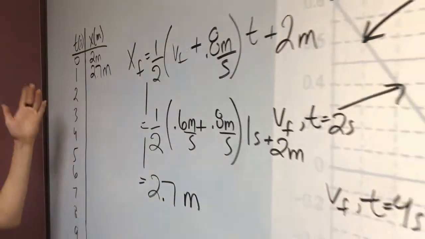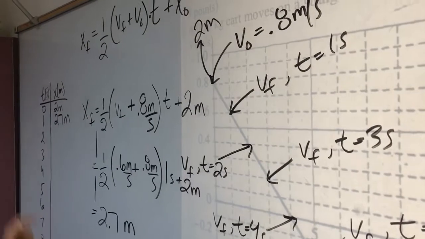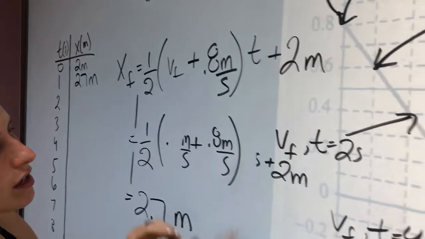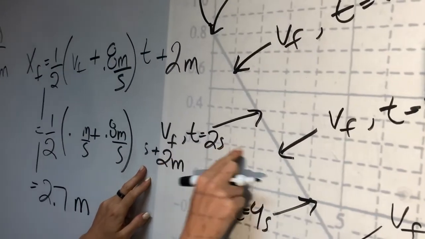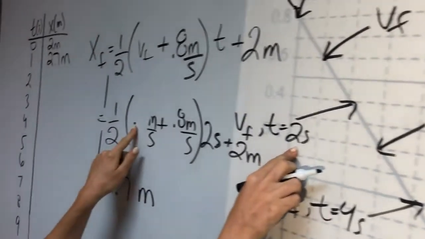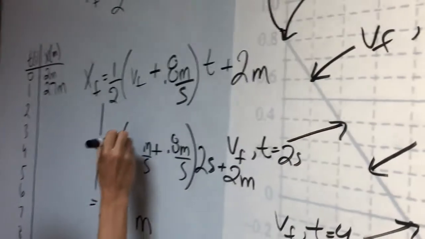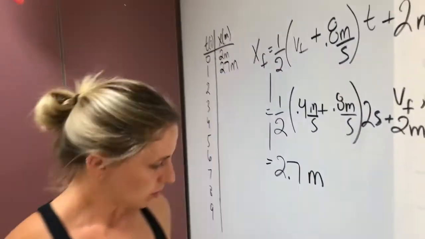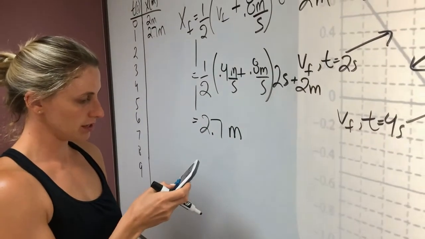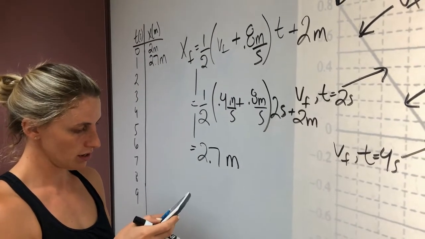Okay. So now we do the same exact thing, but we need to go at time equals 2 seconds. So I'm just gonna change these two right here. So at time equals 2 seconds, I'm gonna put 2 seconds right here. And then for the velocity at 2 seconds, this is 2 seconds right here, it was 0.4 meters per second. So, oh, right here is the guy. So if I plug this in, okay, it was 2 seconds there.